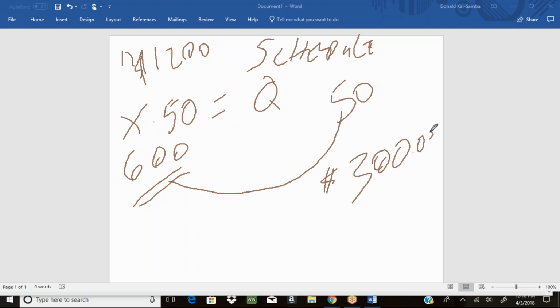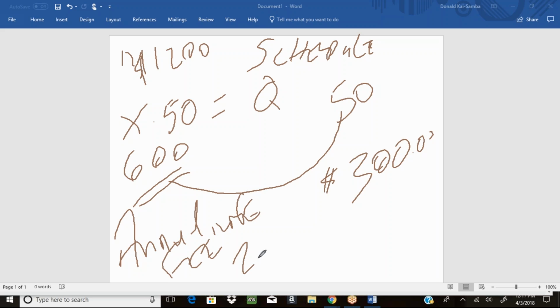Now they have what they call an annualization fee, and that fee is 2.5% of this amount.